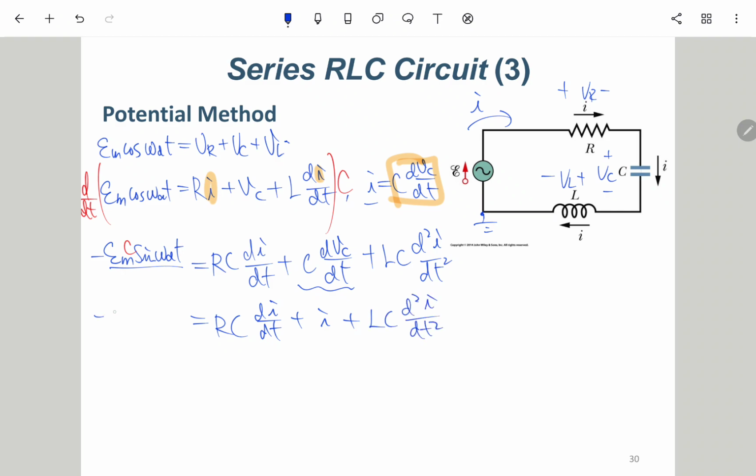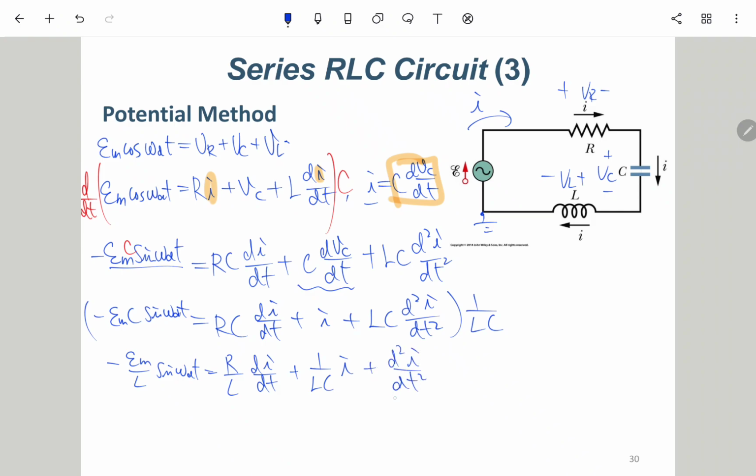So up till now, EMC and then sine of omega dt. And then here we try to divide the whole thing by LC. So it turns out to be negative EM over L sine of omega dt plus R over L di dt, and then plus 1 over LC I, and then plus d2I dt2.